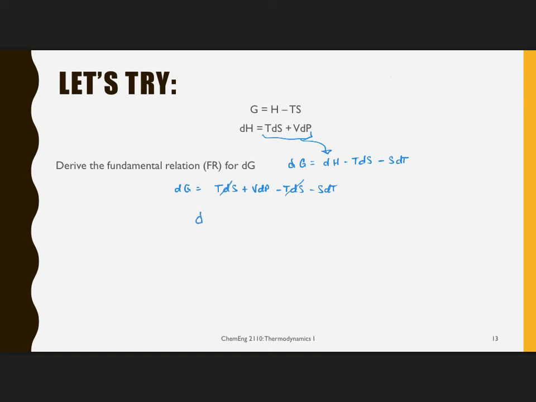Simplify the algebra, and we find dG is equal to V dP minus S dT. Now you should be able to do any of those from any definition of an energy and one of the other fundamental relations.